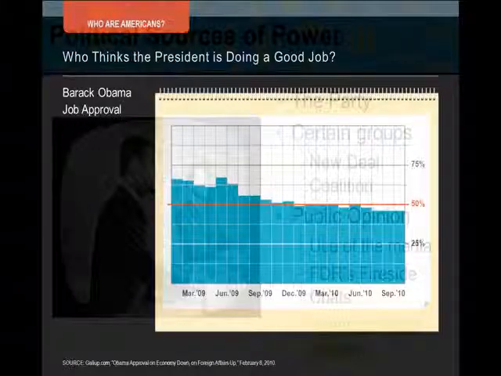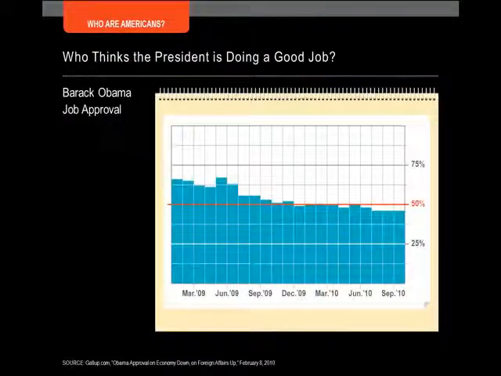And so if we think about the question that's always asked by Gallup, and you can see this is from 2010, the question that the Gallup company always asks is, do you think the president is doing a good job?